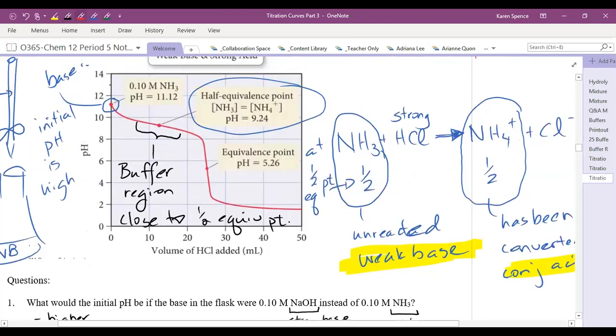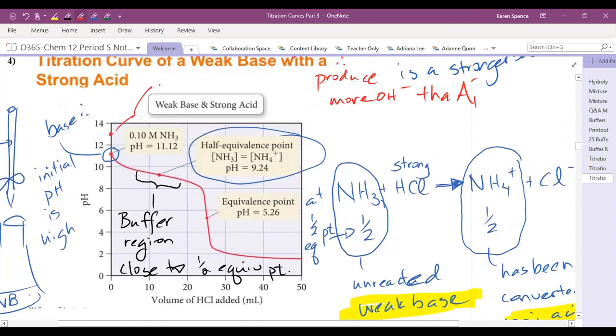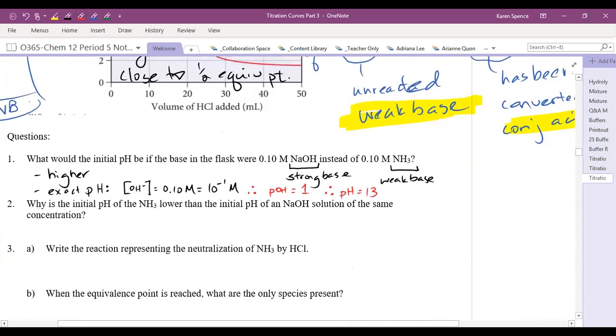So you can see, if it was NaOH instead, it would be there, okay? But it's not, it is a weak base. Why is the initial pH of the NH3 lower than the initial pH of an NaOH solution of the same concentration?